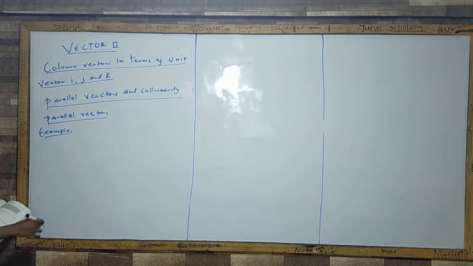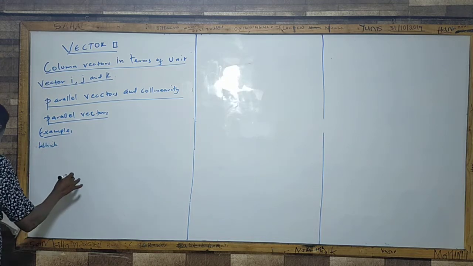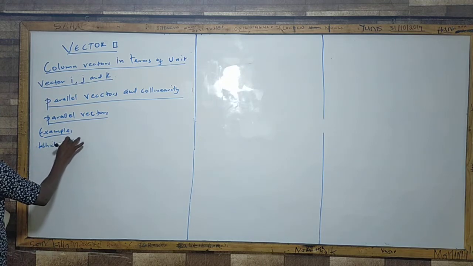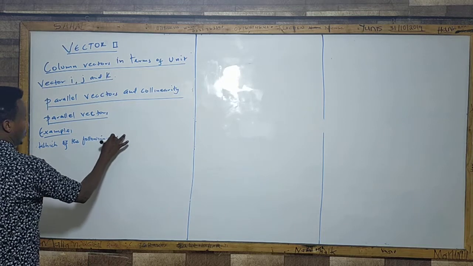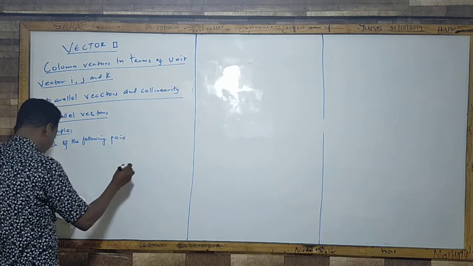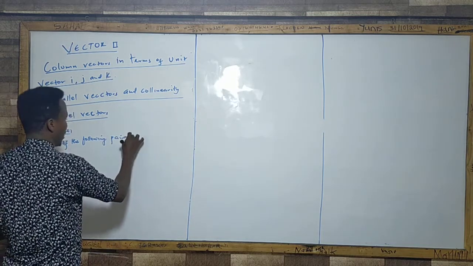Let's see the first example. We are told: which of the following pairs of vectors are parallel?